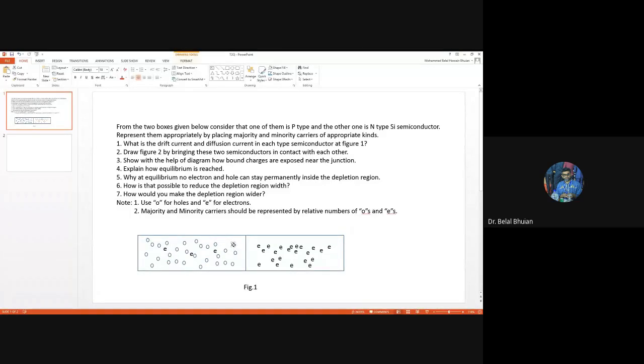And then also we should have a few majority carriers there. So there our p-type material and n-type material are brought in contact with each other, where hole is the majority carrier and electron is the minority carrier, and electron is the majority carrier and hole is the minority carrier. So next we see what happens. So this is our question 2.